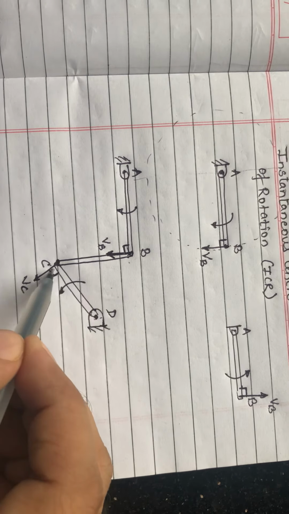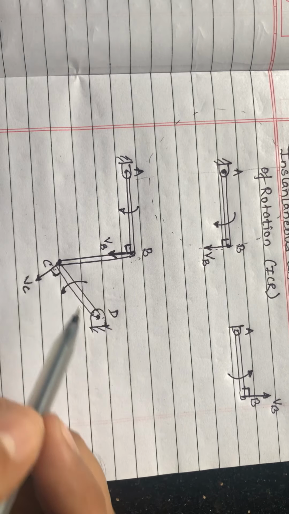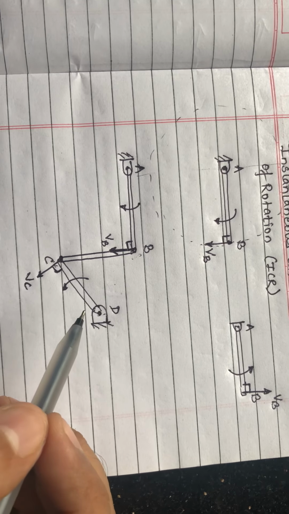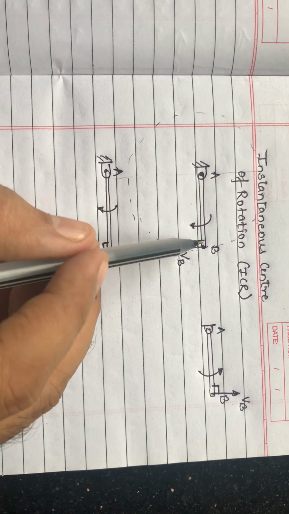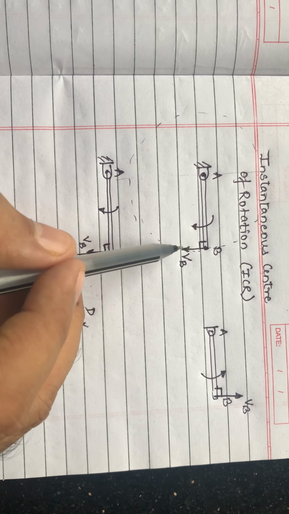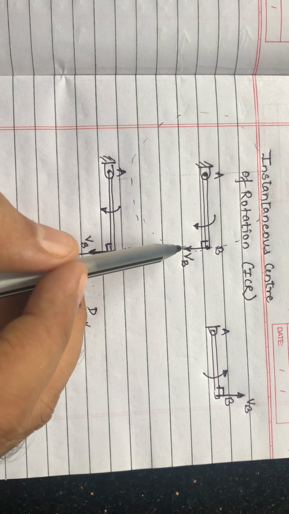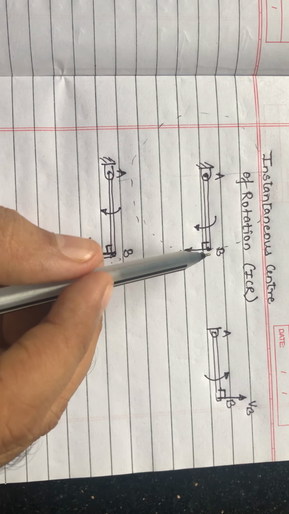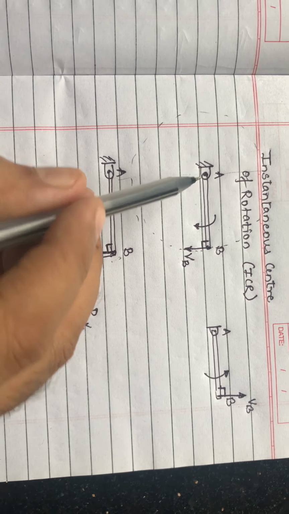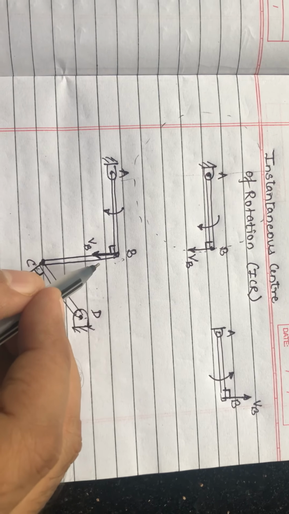So what is the condition for the BC rod? About which point is this BC rod rotating? As you have seen here, when we already had the radius, we made a perpendicular velocity. Can we make it vice versa? If we have the velocity, can we make a perpendicular radius? That is the concept we'll be using here.